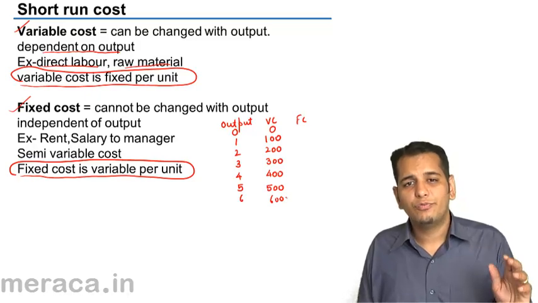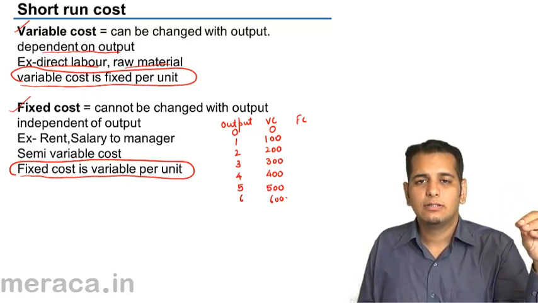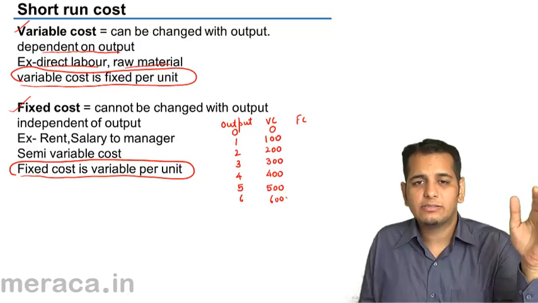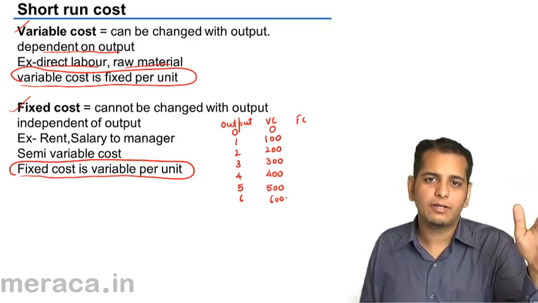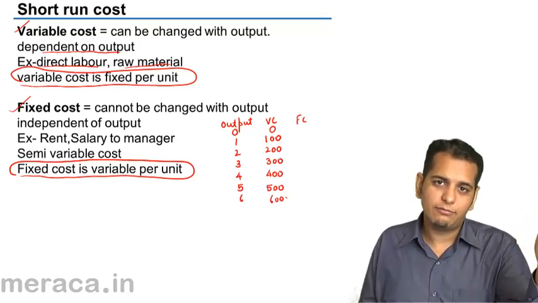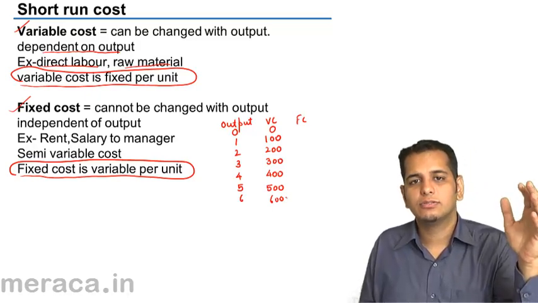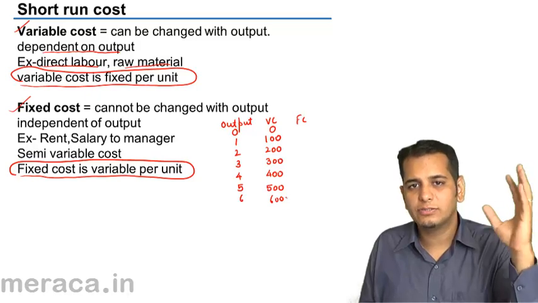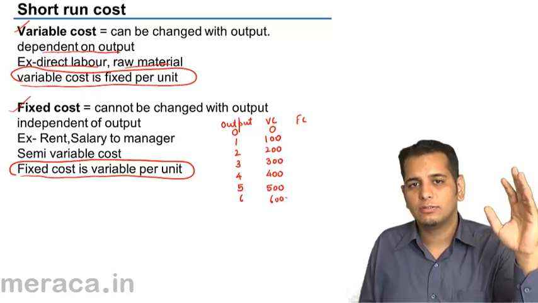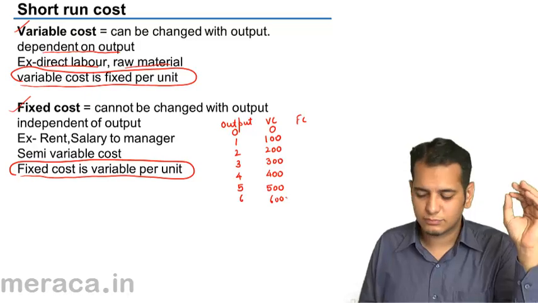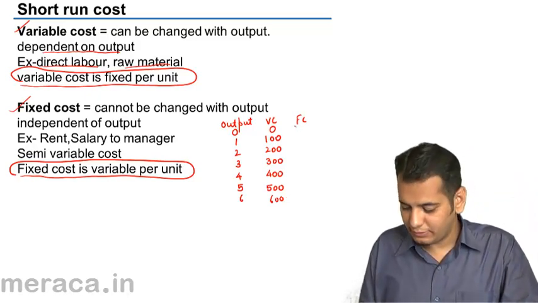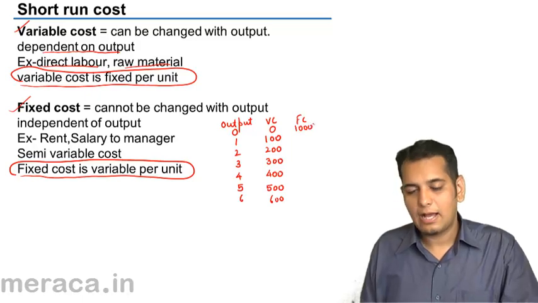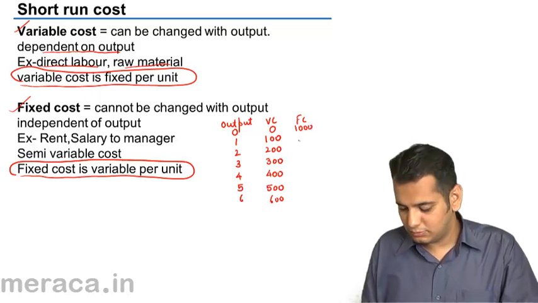Now, fixed cost is something which remains fixed. Let's assume rent. The rent of the factory which we have hired is rupees 1000 for a month. So even if I don't produce anything, I will have to shell out 1000.